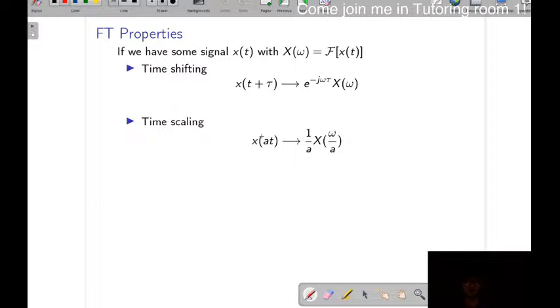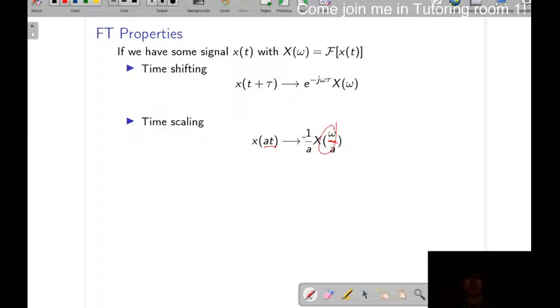We get time scaling. If we were to shrink something in time, so we're making it faster, then we get the inverse in the Fourier domain. We get a stretching of our spectrum, just because it's divided by some number.